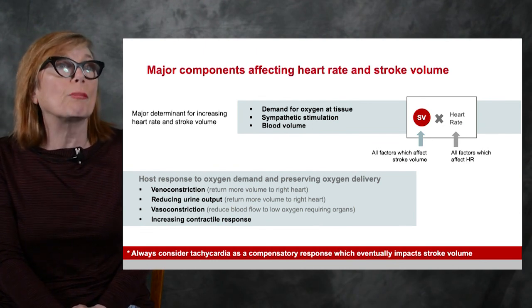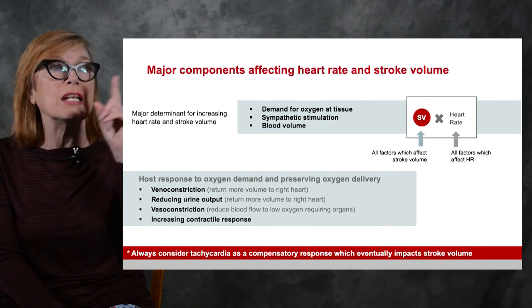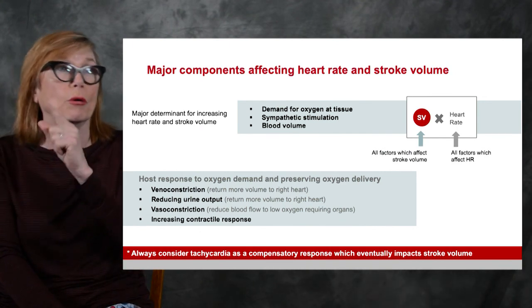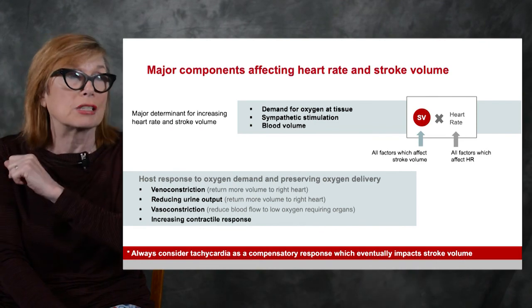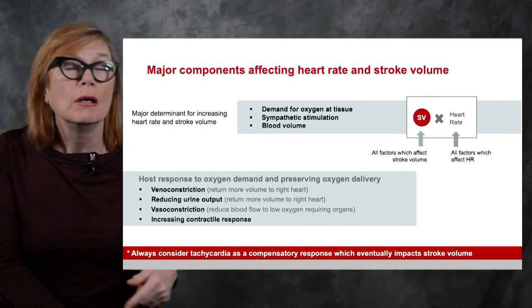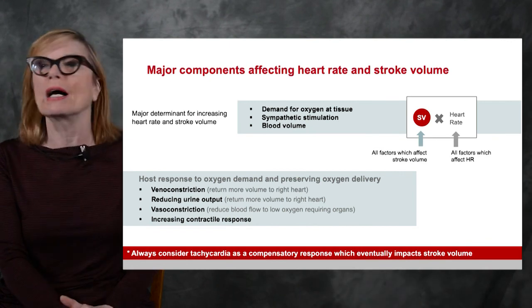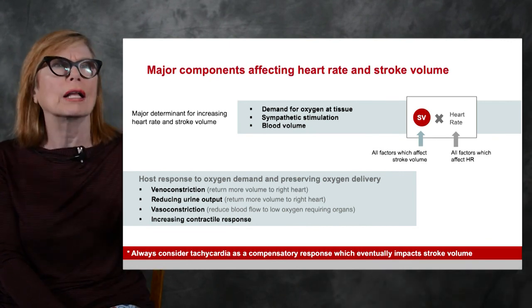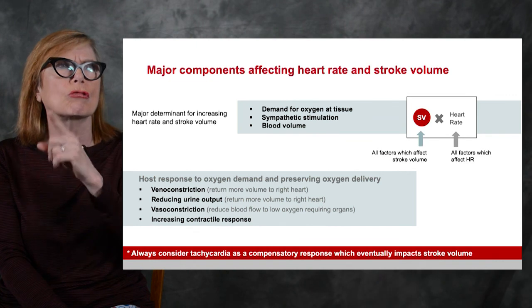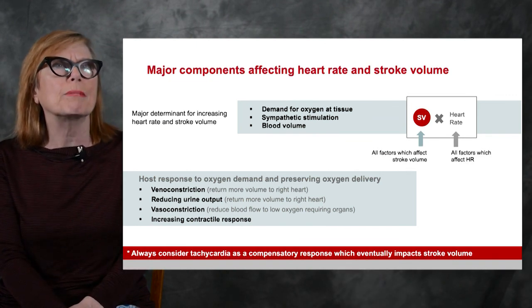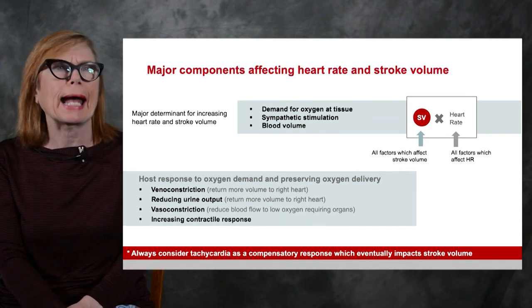So in a critical patient, you expect venoconstriction, reducing urine output, which is, by the way, in the beginning, renal success, not renal failure, vasoconstriction, and an enhanced contractile response of the myocardium, all in order to increase your stroke volume and hopefully promote a better cardiac output.